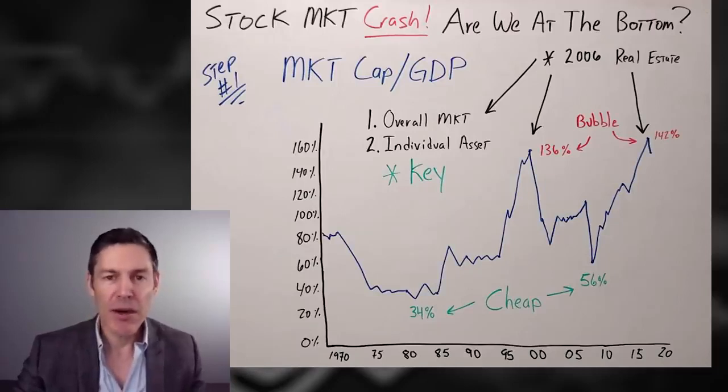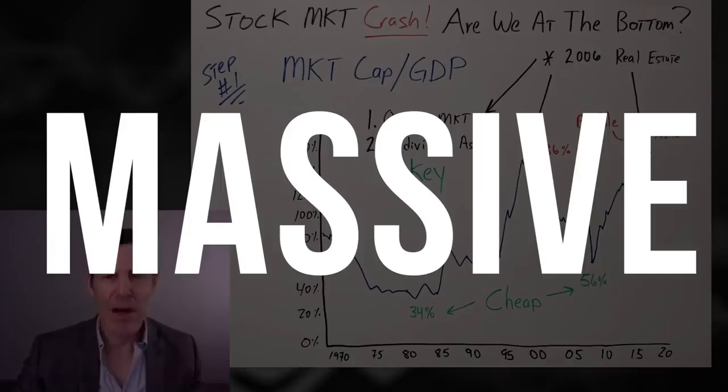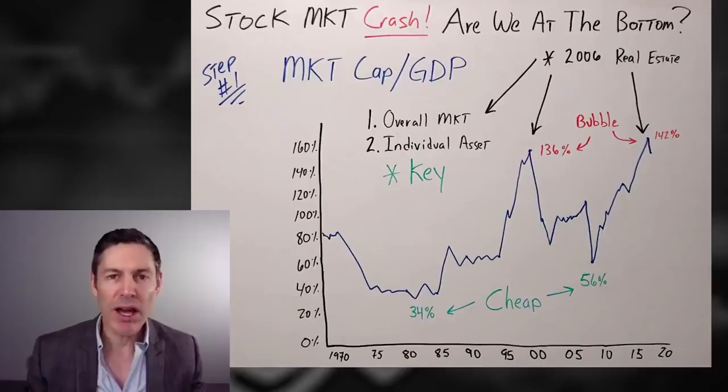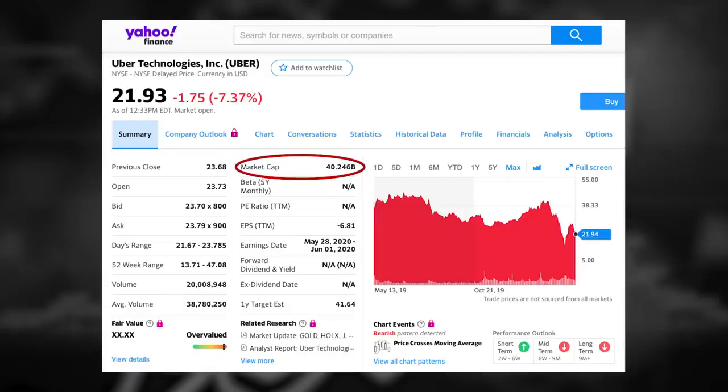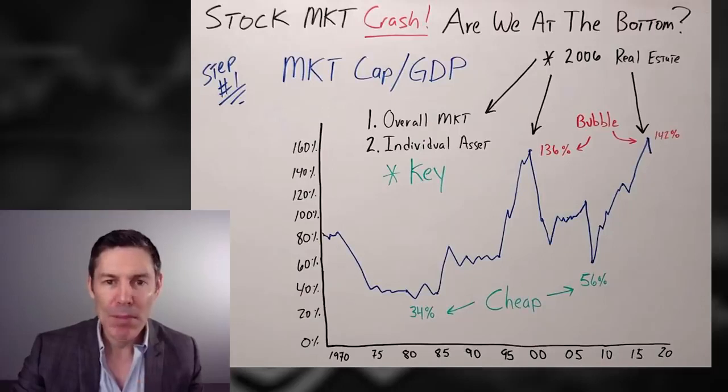And even though this company loses a massive amount of money and will most likely really struggle going into a recession or a depression, we still see that the market cap is $40 billion. How is that possible? $40 billion with a company that's really going to struggle for the next 6 months to a year at best.